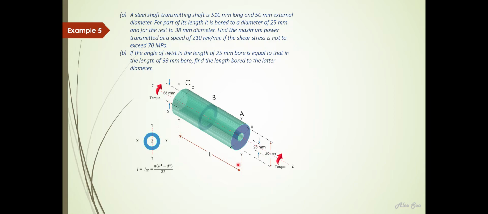So the total length, let us take it as L, and then we use the polar moment of inertia for a hollow shaft. So that is pi (D⁴ minus d⁴) over 32, the moment of inertia about the z-axis. So the shaft will be turning about the z-axis here. Okay, so part A.